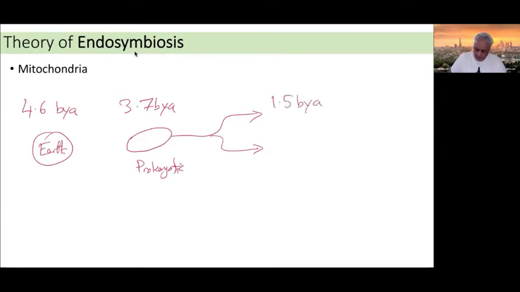And at that time, we had the prokaryotic cells existing on the planet. And these cells were now able to perform complex biochemistry. At the same time, another branch of these cells developed into larger cells, and they began to form a nucleus. So these were the first eukaryotic cells on the planet.